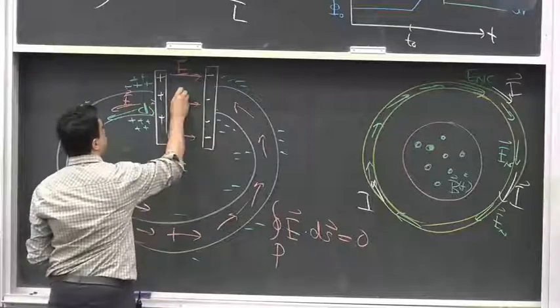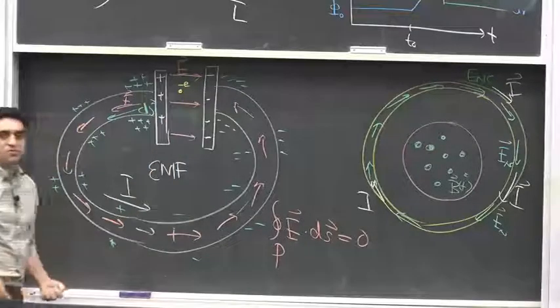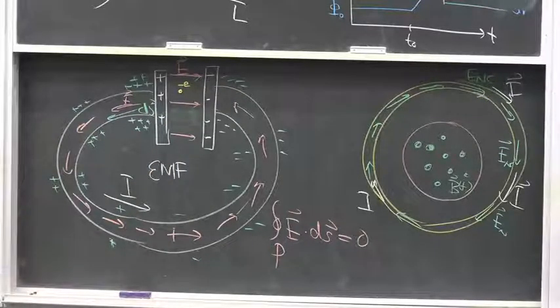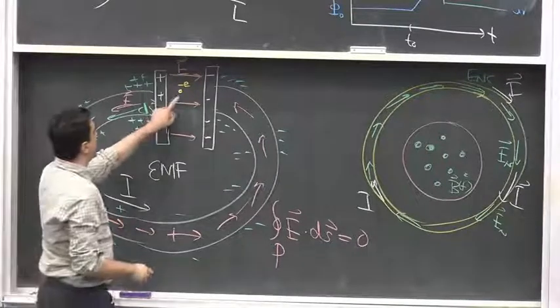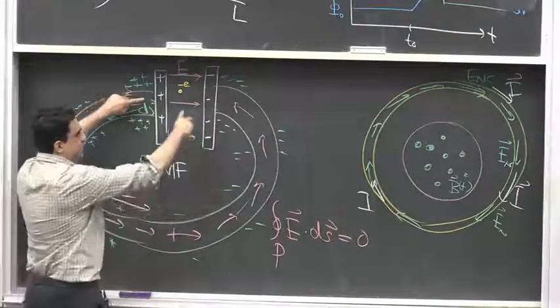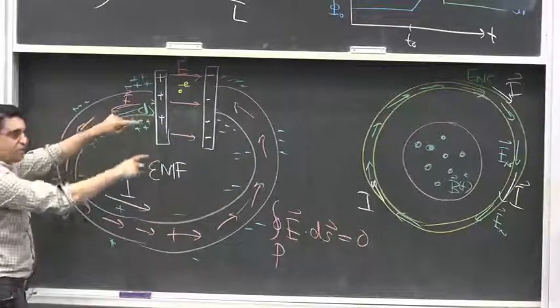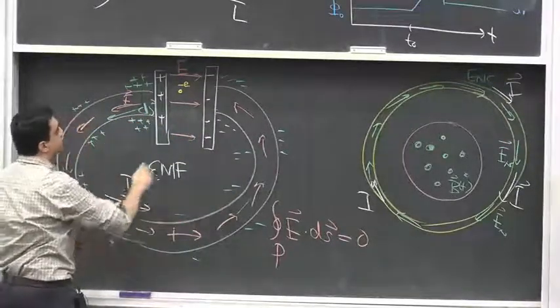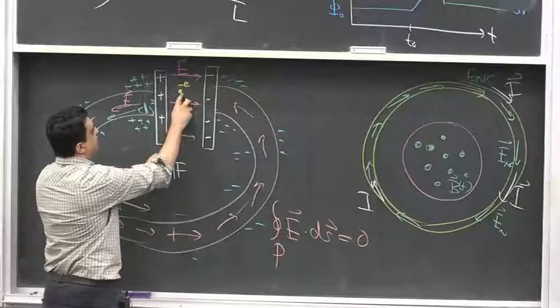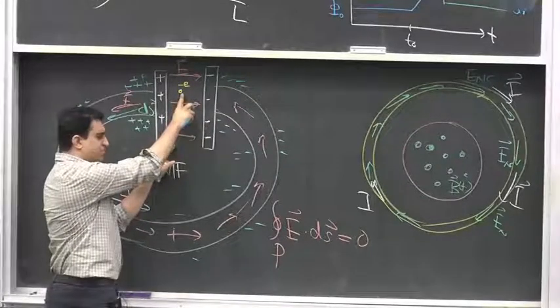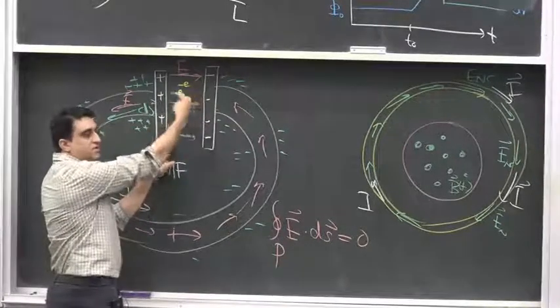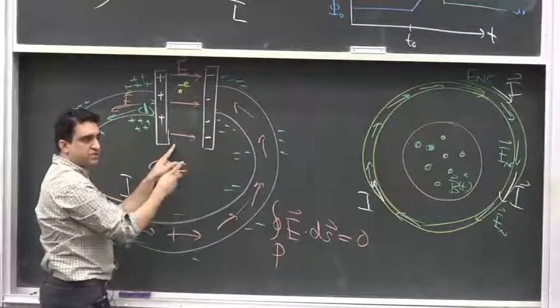What if I put a negative charge here? What will happen to it? A negative charge: if you have current flowing in this direction in the circuit, it means that the electric charge will flow in the opposite direction, so in this direction. So if I put an electric field here, where would this electron go? It would try to go in that direction, which is opposite to what the current flow is.